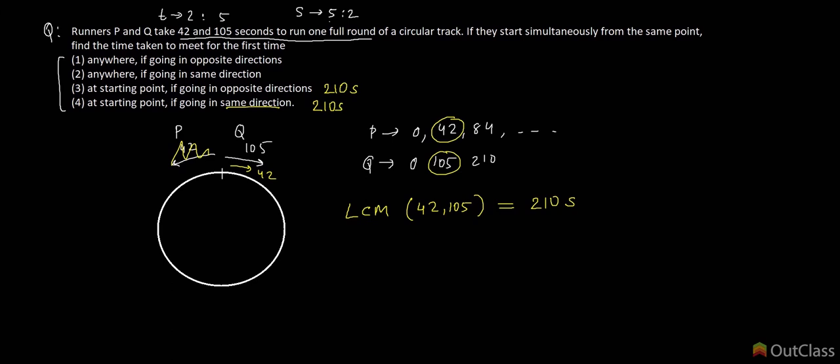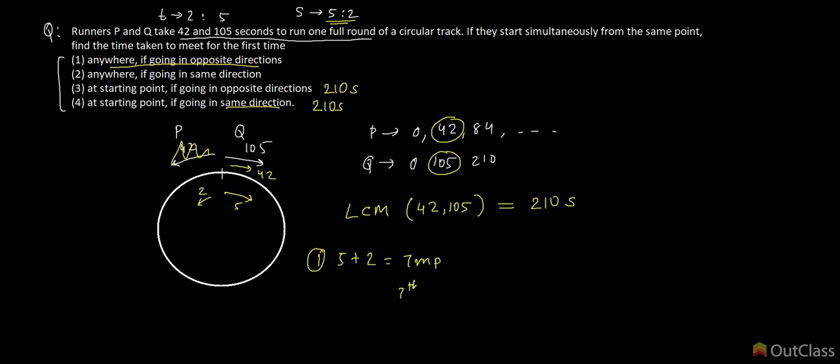Now comes the part where we invoke the results that we learned in the previous videos. Anywhere if they're going in opposite directions. Now, if you're going in opposite directions with speed ratios of 5 and 2, then that means 5 plus 2, 7 meeting points are there.